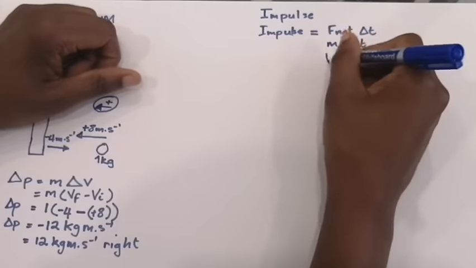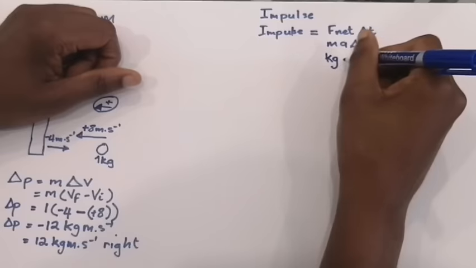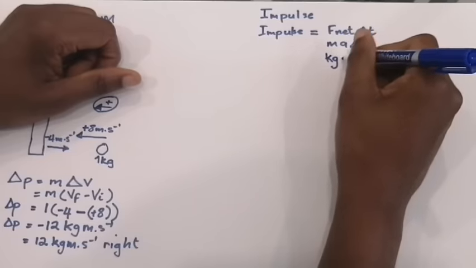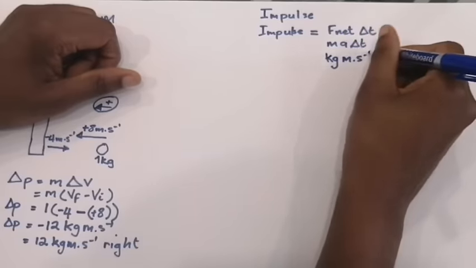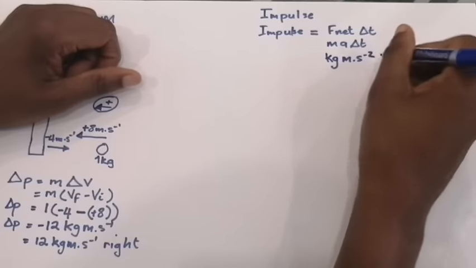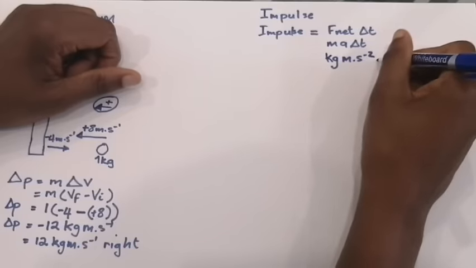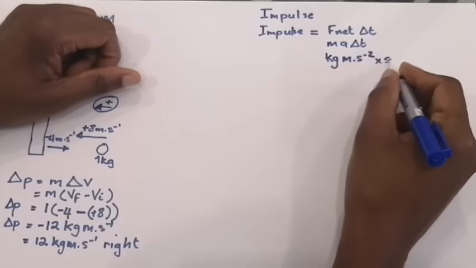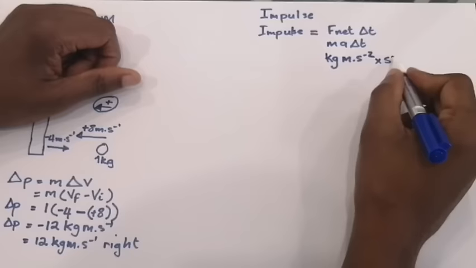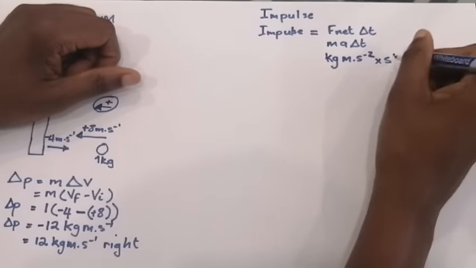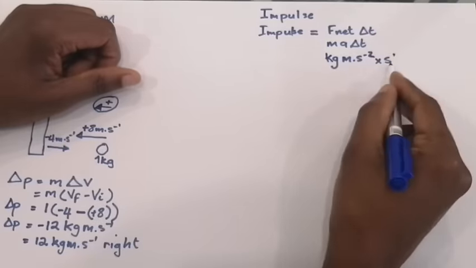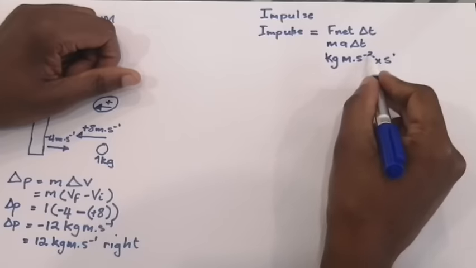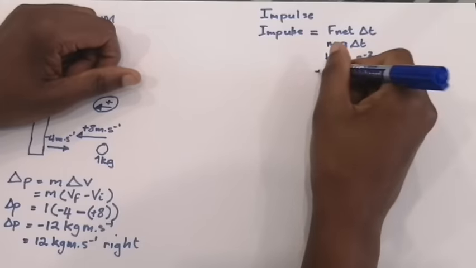Now, if you think about it, this is kilograms, multiplied by acceleration, which is meters per second squared, multiplied by time, which is in seconds, all right? Now, in this case, what do you have? You've got two exponents that have the same base. That one is +1 and that's -2. And so what are you left with?